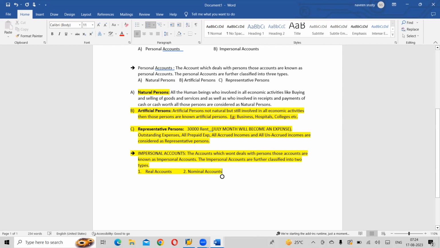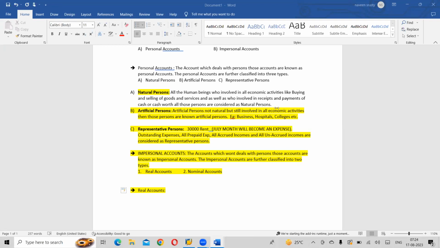Right? What do you mean by a real account? Which deal with the cash, real, assets. Exactly. If somebody is asking you, what do you mean by real account? Again, we will ask freshers right now. Assets related transactions come in a real account.